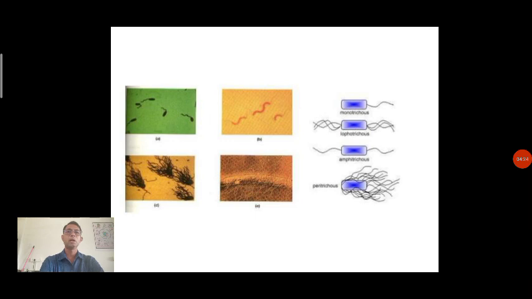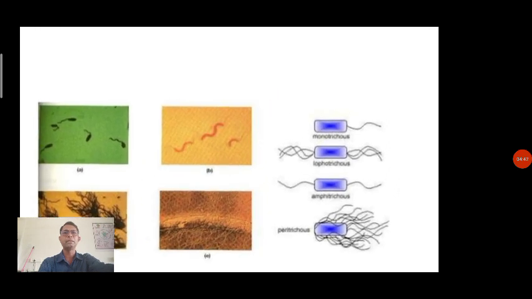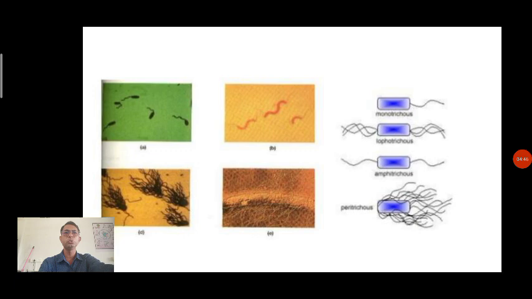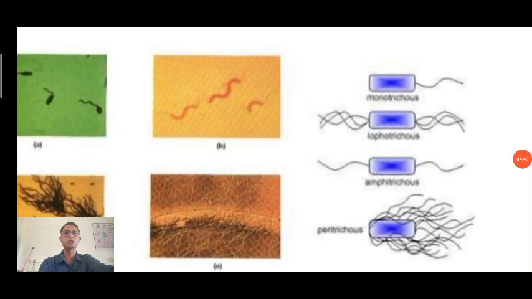Depending on the type of bacteria, the number of flagella differs. For example, in some bacteria only a single flagellum is present, in some bacteria two flagella are present, and in some bacteria more than two or even more than five flagella are present.